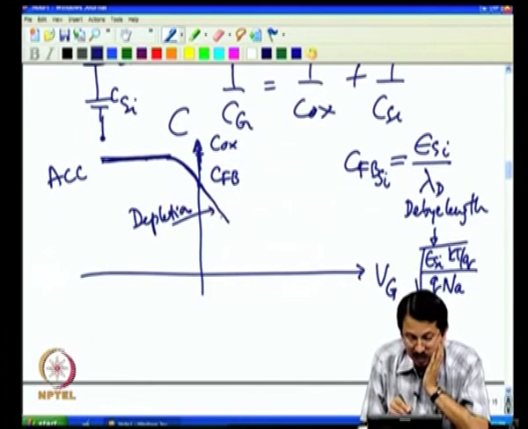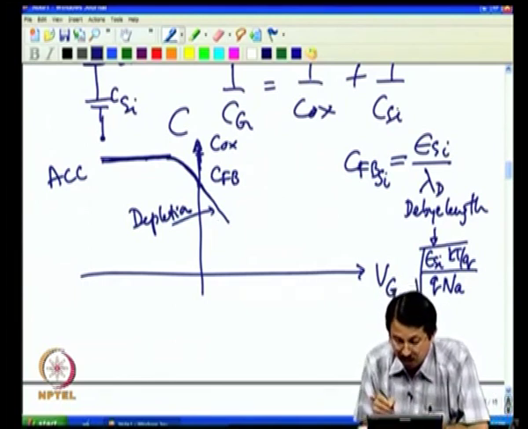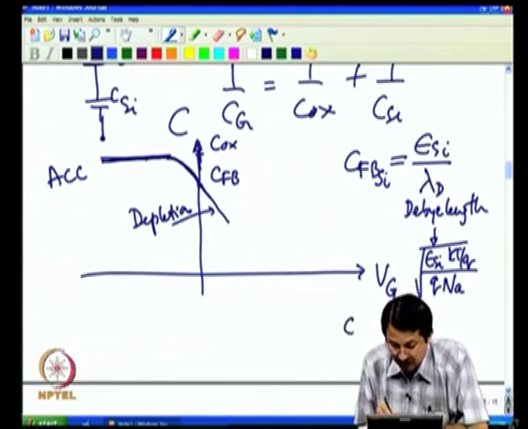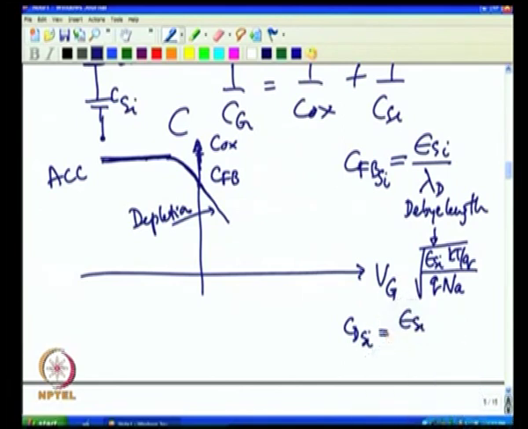In the depletion region, what is your capacitance? Again, silicon capacitance, as we have already seen, C depletion in silicon is epsilon silicon divided by WD, where WD is the depletion width. This will be even lower than CFB silicon. Put that in series with Cox, you compute the total capacitance, and that is what is plotted here.